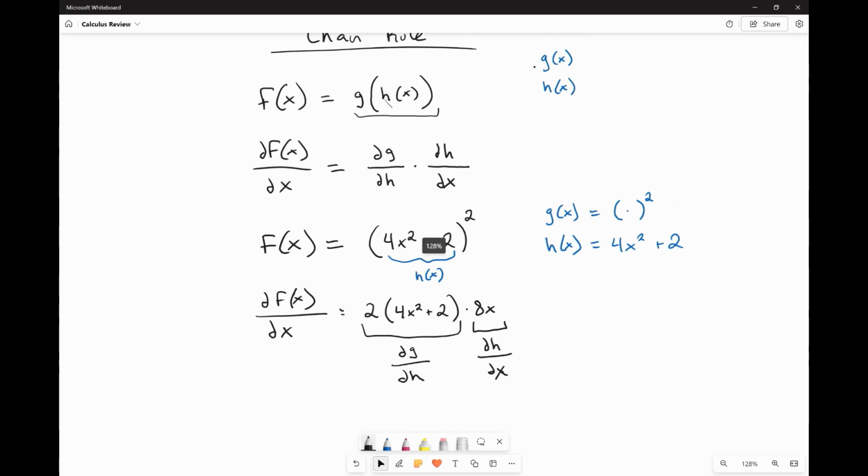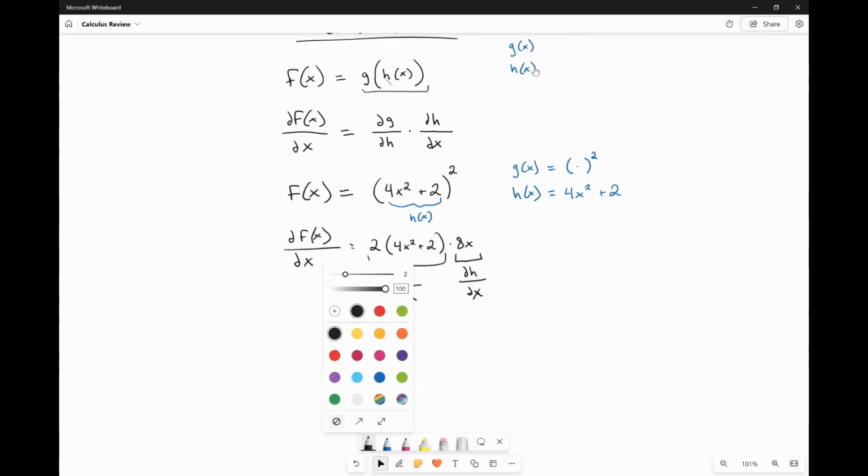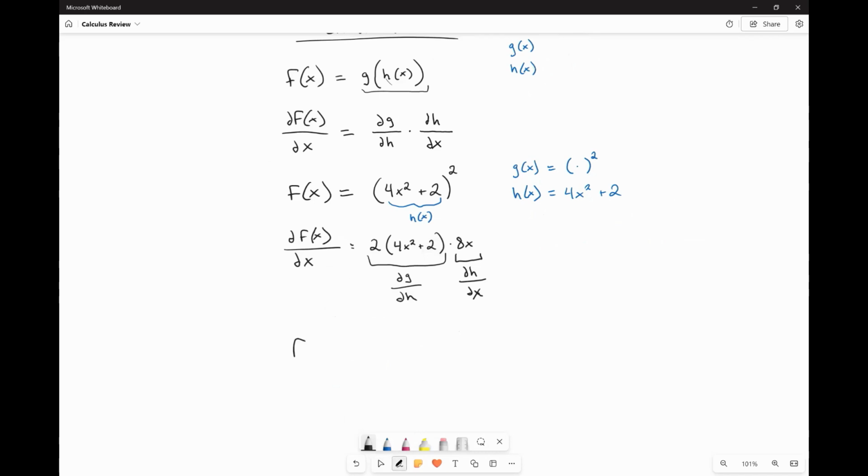Here's another way to think about this that I think might be helpful. Let's go back and look at our function again: (4x squared plus 2) squared. Sometimes if we're working with chain rules, especially early on, to visualize what's happening, we can rewrite the function.